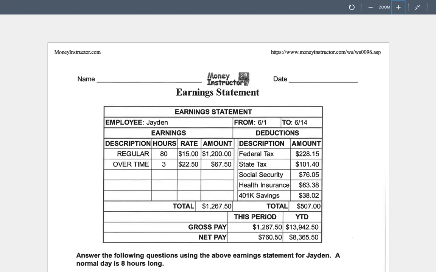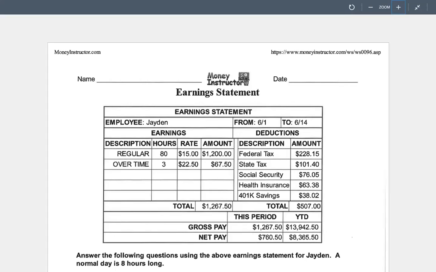They are subtracted, minused, taken away from your paycheck, because you are required, it is mandatory to pay certain things such as federal tax, state tax, Social Security. You are mandated to pay those things. Then you have optional things that you've elected to take from health insurance and 401k savings.